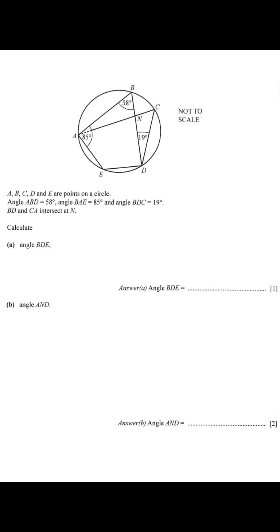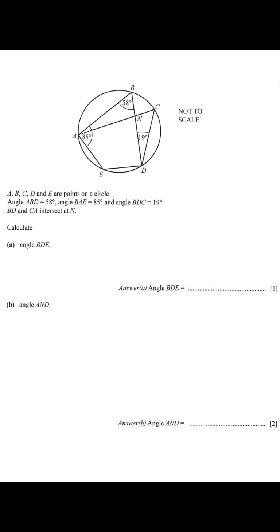It says calculate angle BDE, so if you start at B, go to D and then down to E, the angle you get there. So it's the angle at D, in other words, the one that's not the 19 but the other one. Well, if you look at ABDE, ABDE is a cyclic quadrilateral.